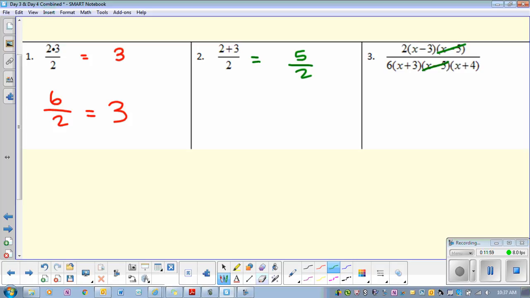Those can cancel, okay? But it has to be all of them. So what else do you see that you could simplify? The 2 and the 6, right? Yeah. What is 2 over 6?